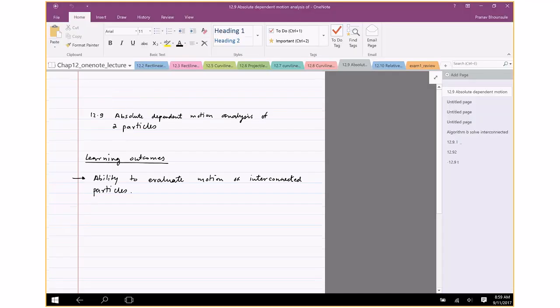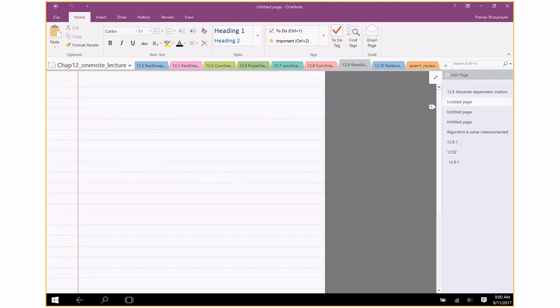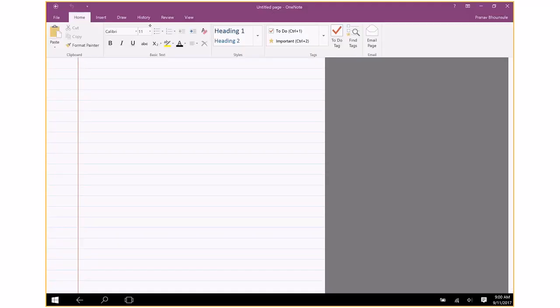Okay, let's start. So today we are going to do 12.9, which is on analysis of dependent motion. This is where we'll be talking about system of pulleys and masses attached together, and how do we analyze those kinds of systems. I'll just illustrate this with an example.